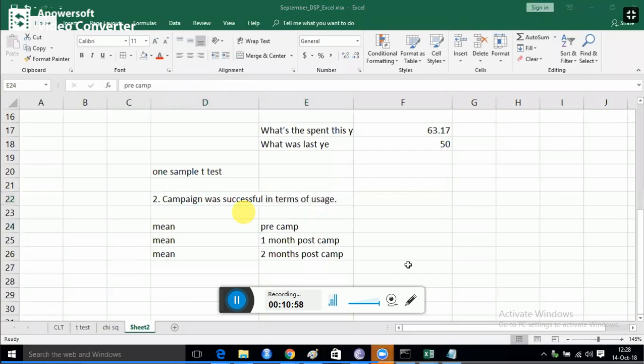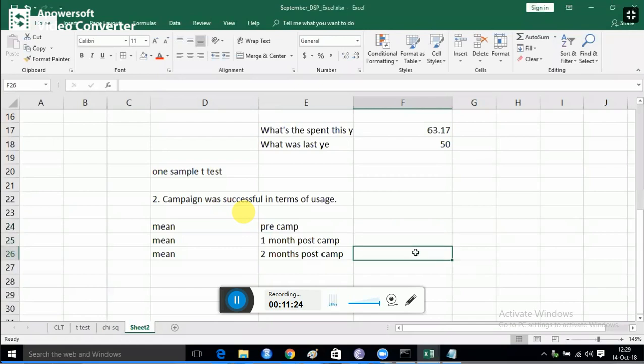Right? So in this case, specifically for the existing customers, if I'm running a campaign, what am I expecting? I'm expecting them to spend more. The usage should increase. So what should happen? Mean of pre-campaign should be significantly different from post 1 month and post 2 months.